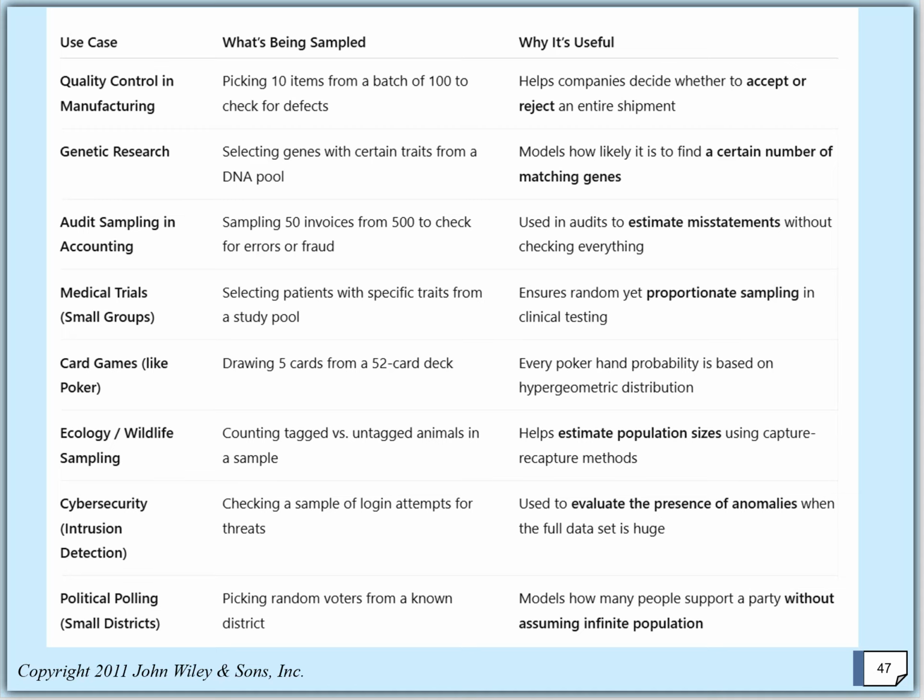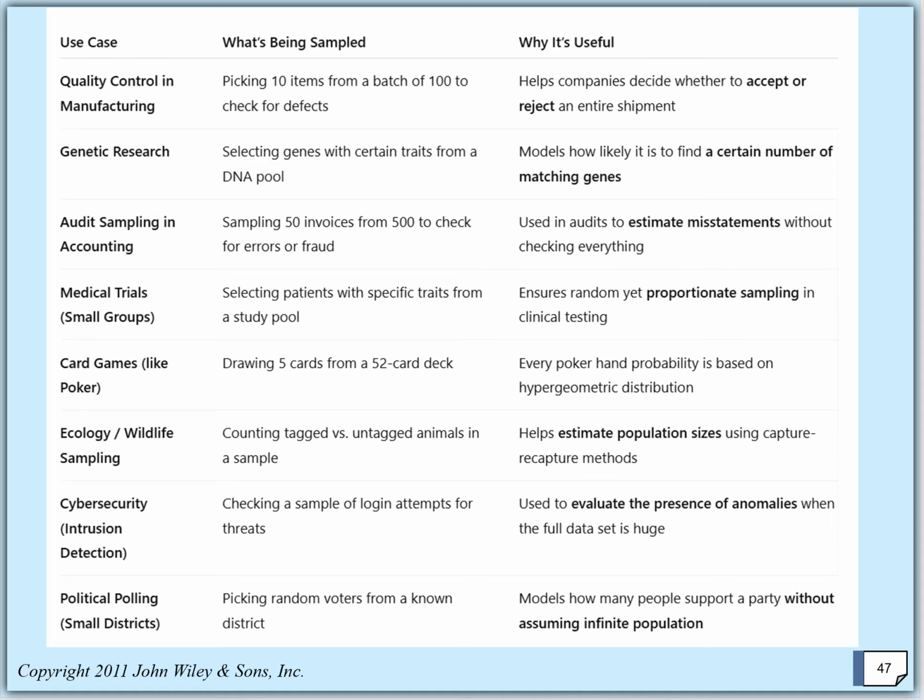Quality control in manufacturing: you pick 10 items from a batch of 100 to check for defects. It helps a company decide whether to accept or reject the entire shipment. Genetic research, selecting gene pools with certain traits from a DNA pool. Audit sampling and accounting: you can't audit all of the people, so you say, I'm going to pick 50 different samples from my 10,000 or whatever samples, and I'll do that.